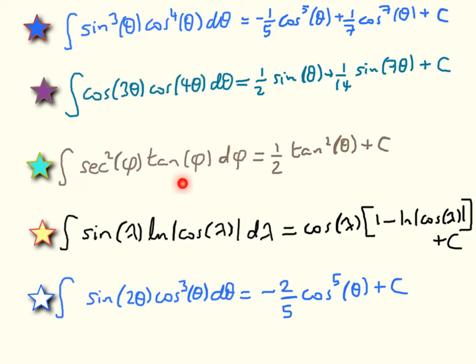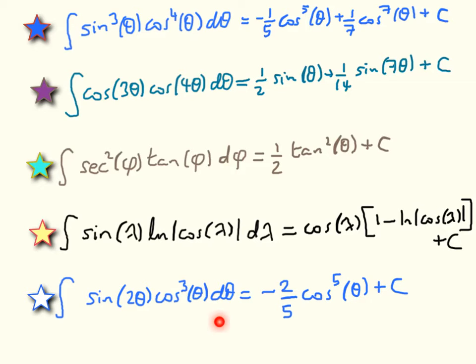This integral can be done in different ways. The easiest way is to recognize that here we have the derivative of this factor. In a similar way, this integral can be calculated by recognizing that this is the derivative of the argument of the logarithm up to a minus sign, and it could also be done using integration by parts, and that would also work.